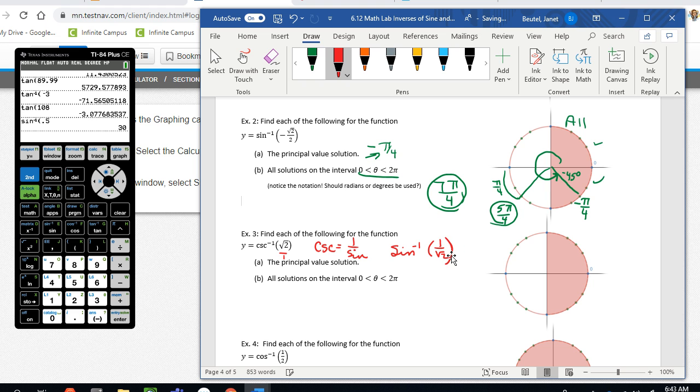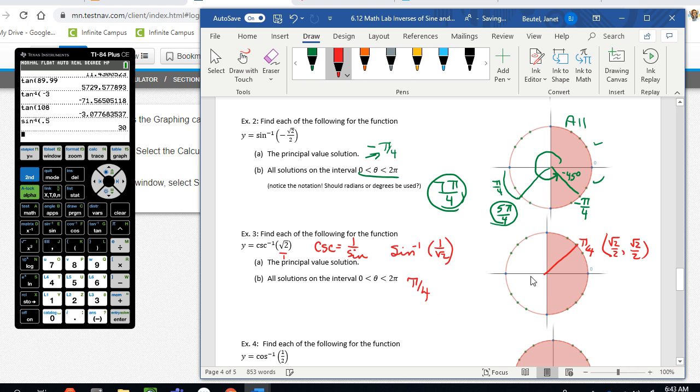Now, there's only one place that the square root of 2 is involved, and that's at my 45-degree angles. So if I'm here, this is pi over 4, and it's where I have square root 2 over 2 for both sine and cosine. So that means this is going to be pi over 4.